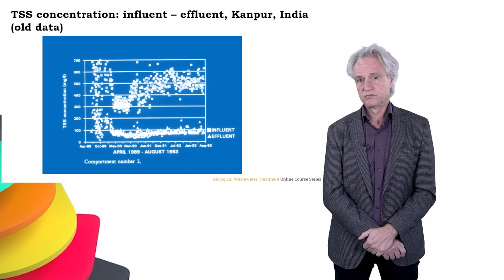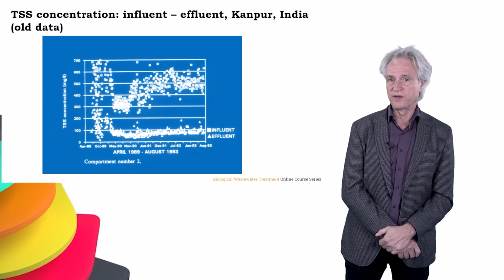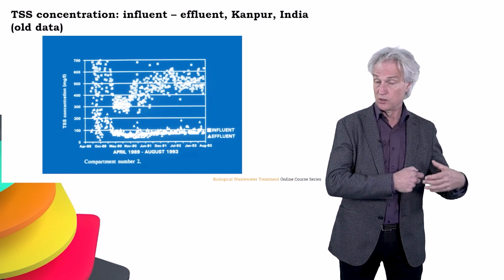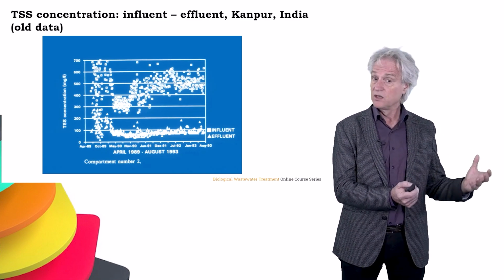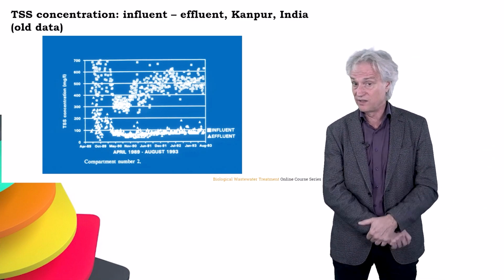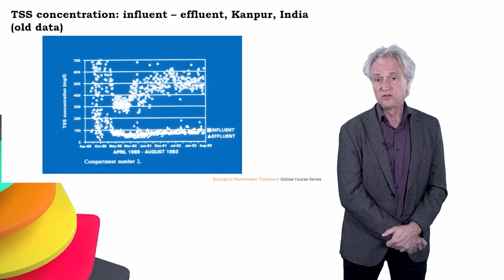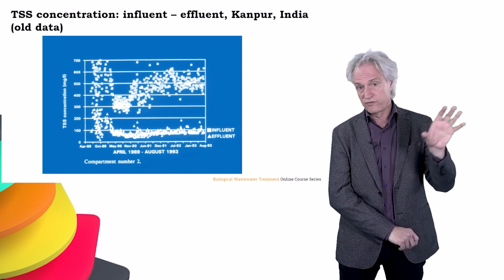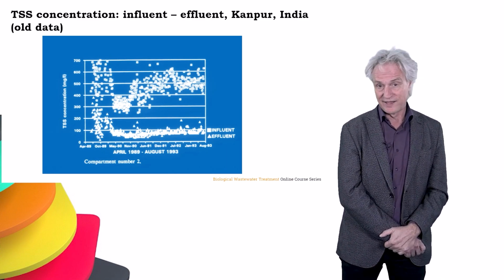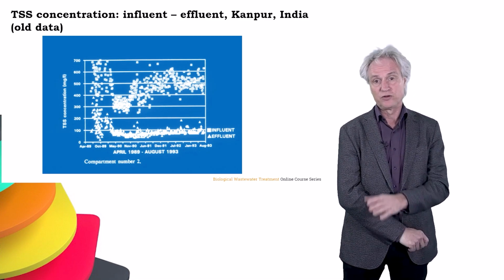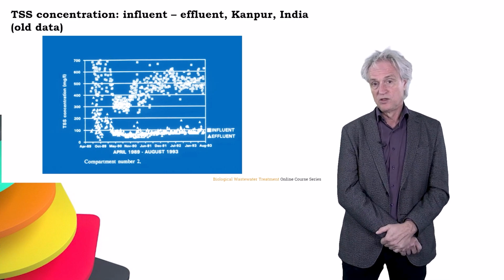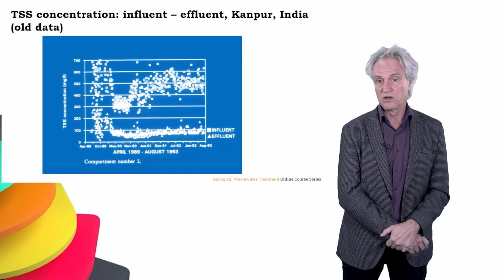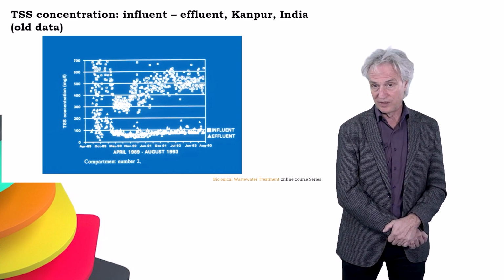Now the same holds for the total suspended solids concentration. We are treating raw sewage, so the primary solids are, in fact, retained in the UASB reactor. You also see a variety of influent data in the first year of the treatment. So the reactor was pretty unstable, but after 1 year, 1.5 years, there was much more stability.